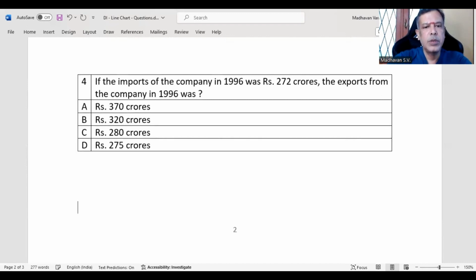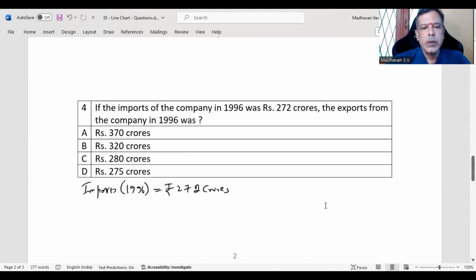If the imports of the company in 1996 was 272 crores, the exports from the company in 1996 was what? Here they gave imports in 1996 as rupees 272 crores.